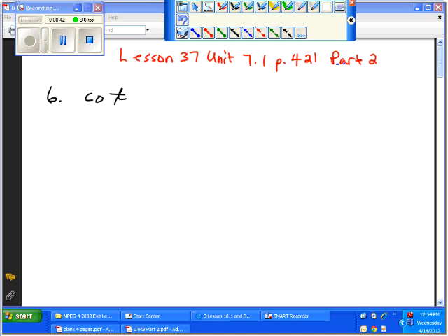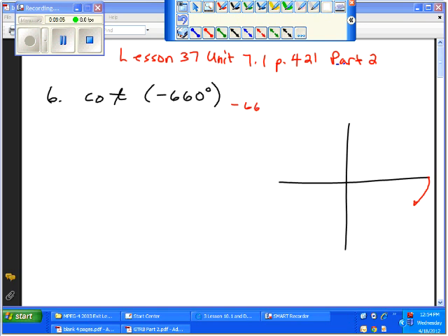We have cotangent of negative 660 degrees. Now, we're going to be going clockwise, right? So we're going to take out circles going clockwise. How many degrees is a circle? How many 360s can you take out of 660? So if we said negative 660 plus 360, you would have negative 300, right? So we've gone all the way around.